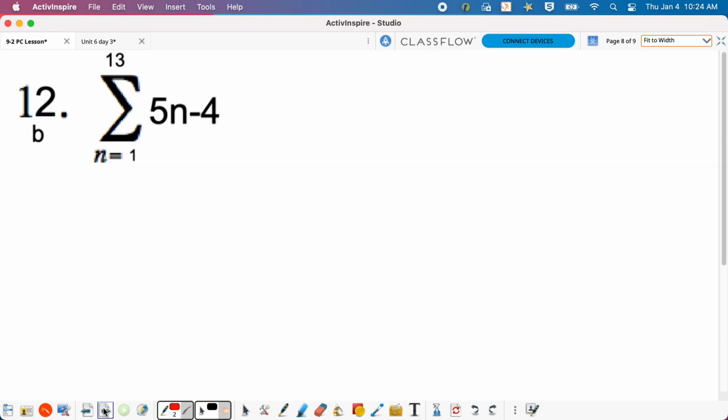We're going to call this 12B. All right, if we remember last class, this summation notation. To find the formula, I need the number of terms divided by 2, times my first plus my last.